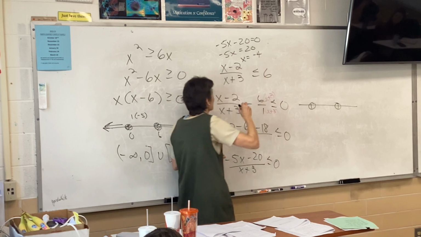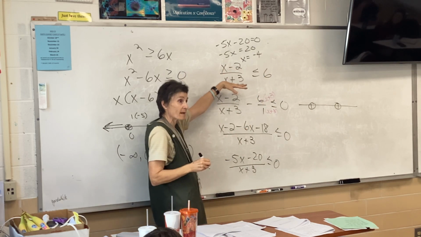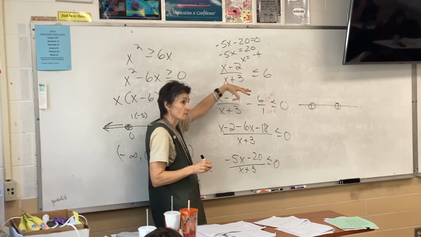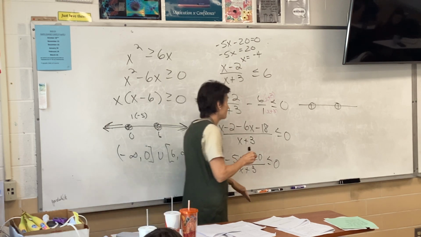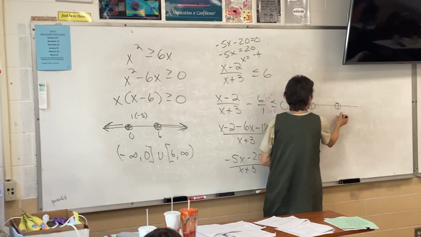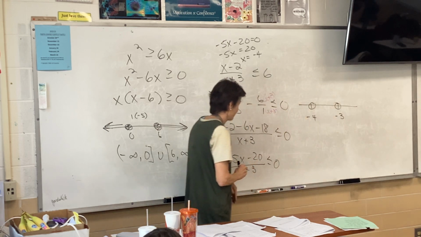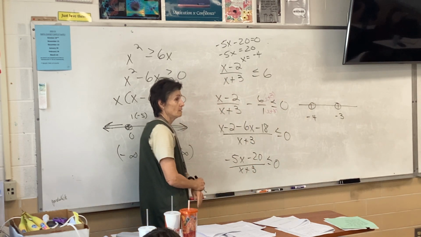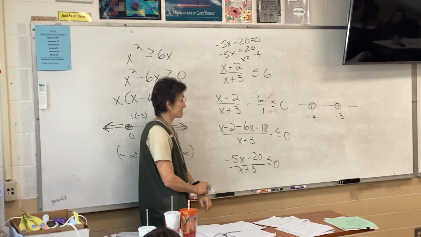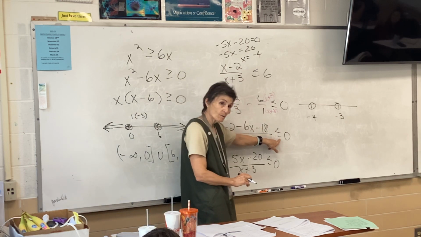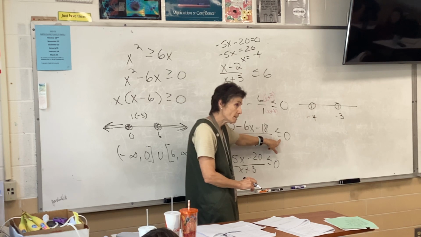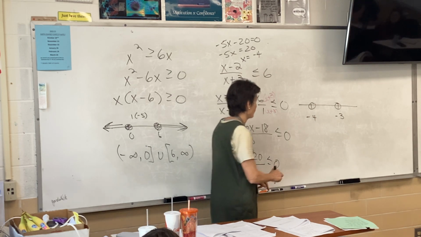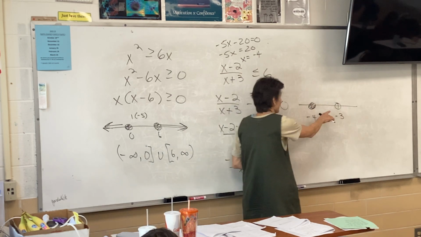So it looks like my other dot is gonna be at negative 4, from the numerator. So I have a dot at negative 4 and a dot at negative 3. This is one of the tricky ones. It looks like I would color in the dots, and I do, except for the denominator one. So this one gets colored, that one does not.